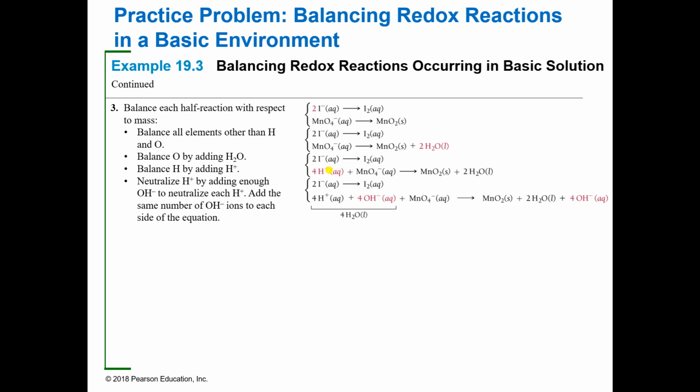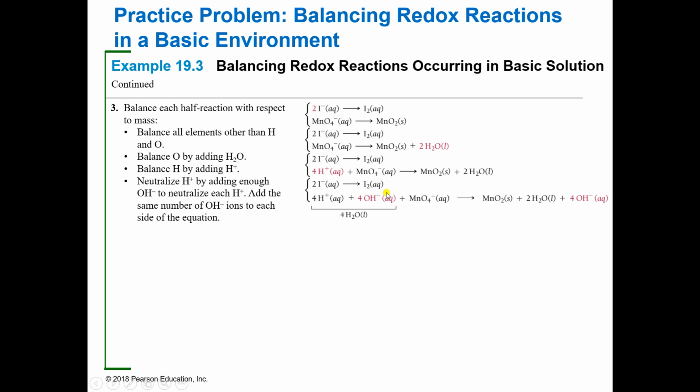Now because it's in a basic solution, I have to deal with the hydrogen ions I just added. They have to neutralize. The iodine, that's the first half reaction step, again, I don't have to deal with it, can leave it as is. But because we're in a basic solution, there are hydroxides present.